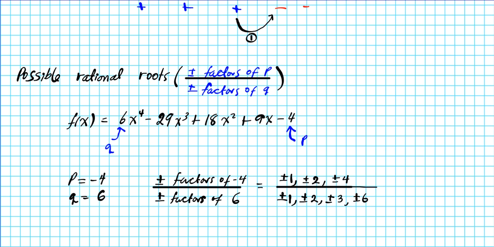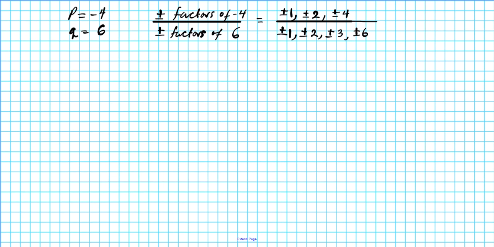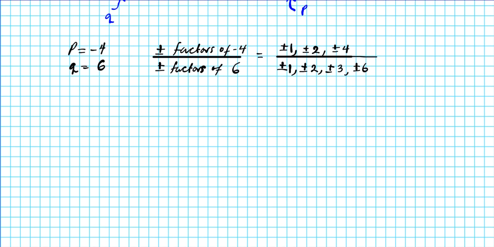Okay? So now let's go ahead and generate the possible rational roots. To determine this, what you do is you take one factor from the numerator and you divide it by every factor in the denominator.